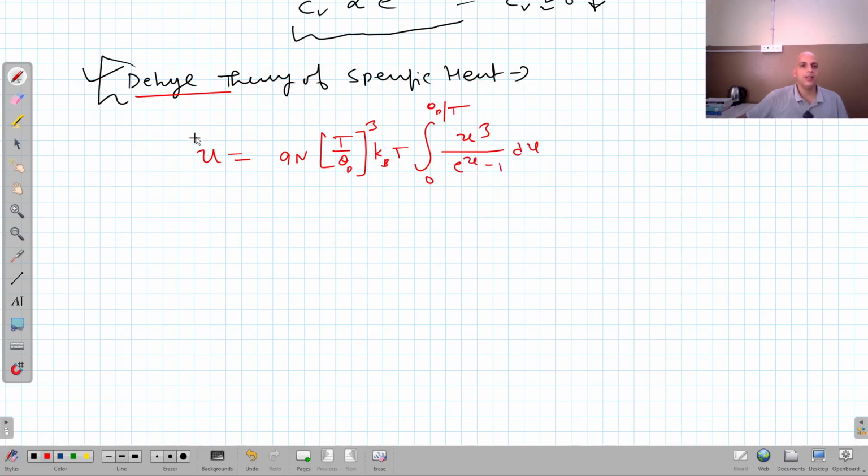This is the expression for the total vibrational energy of the entire crystal. This expression is used for calculating the specific heat both at low temperature and at high temperature.